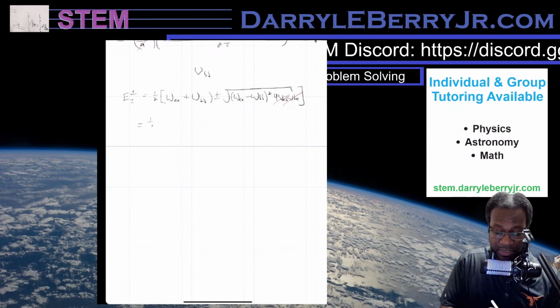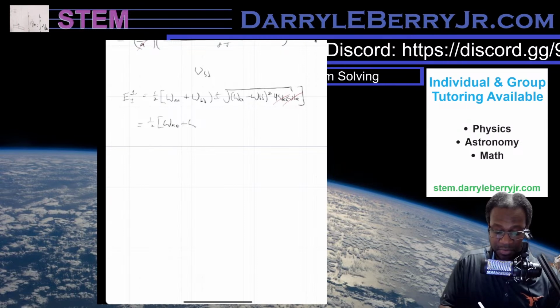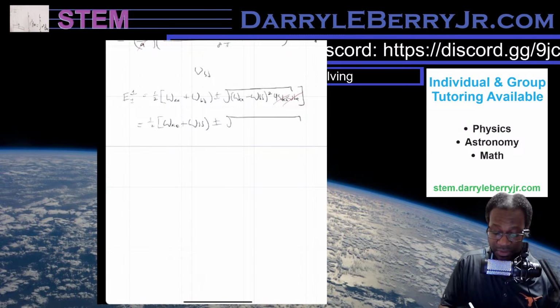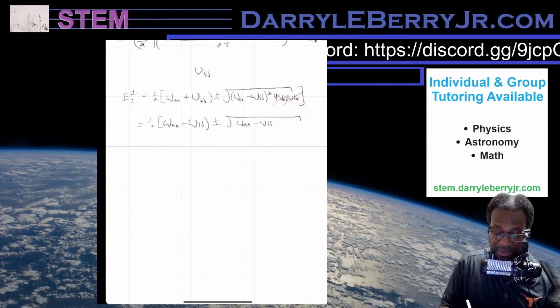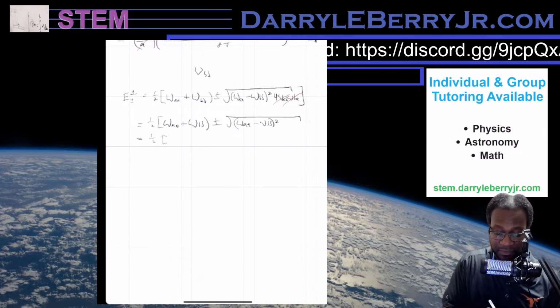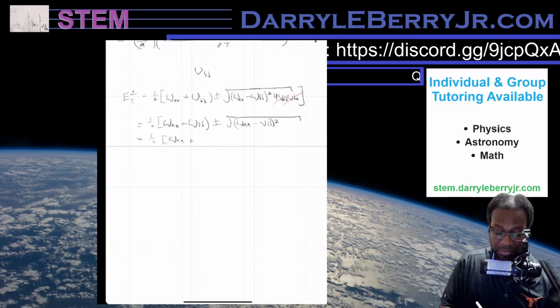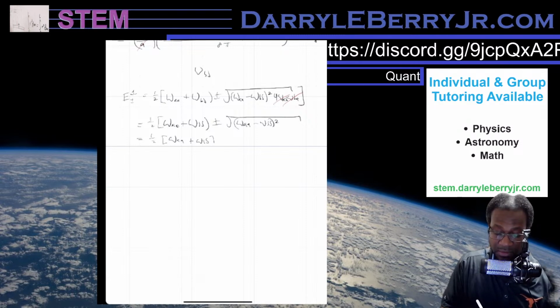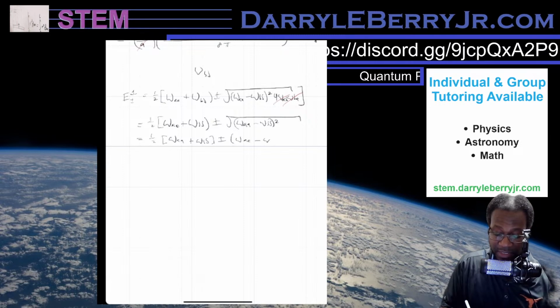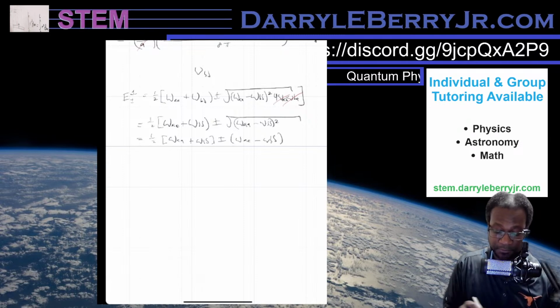This becomes 1/2 WAA plus WBB plus or minus square root of WAA minus WBB squared. That becomes 1/2 WAA plus WBB plus minus WAA minus WBB.